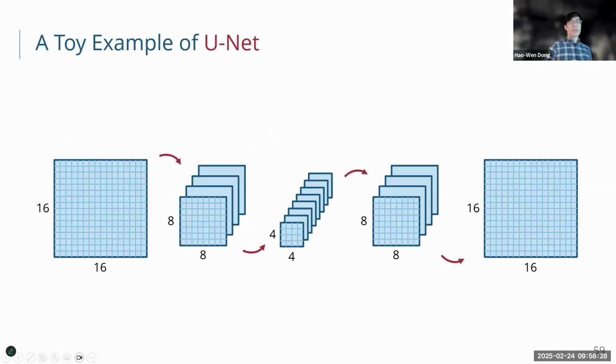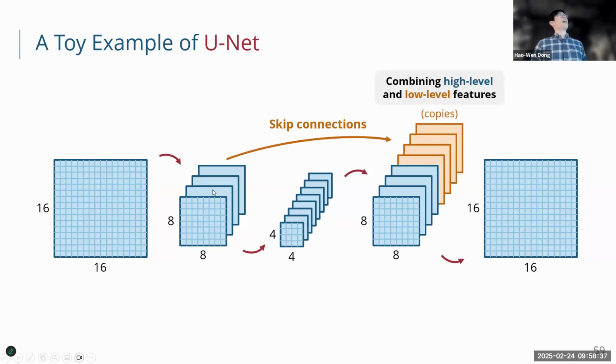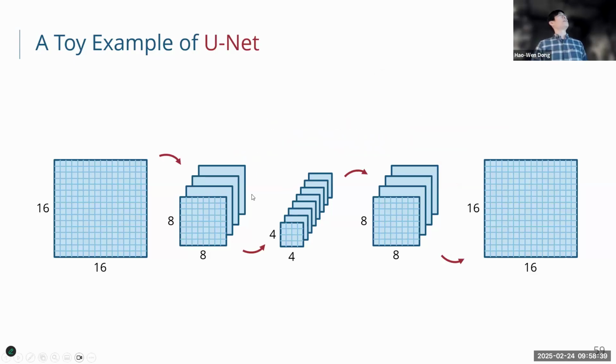So the key of UNet is to have these skip connections. They look like this: you grab something here, because if you look at the shapes, you will notice there is perfect symmetry in UNet, where you have this 8x8 with 4 channels here and 8x8 with 4 channels there.